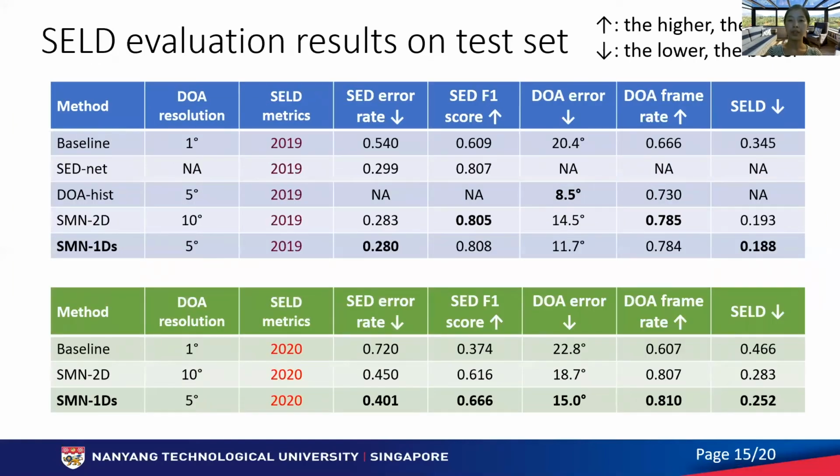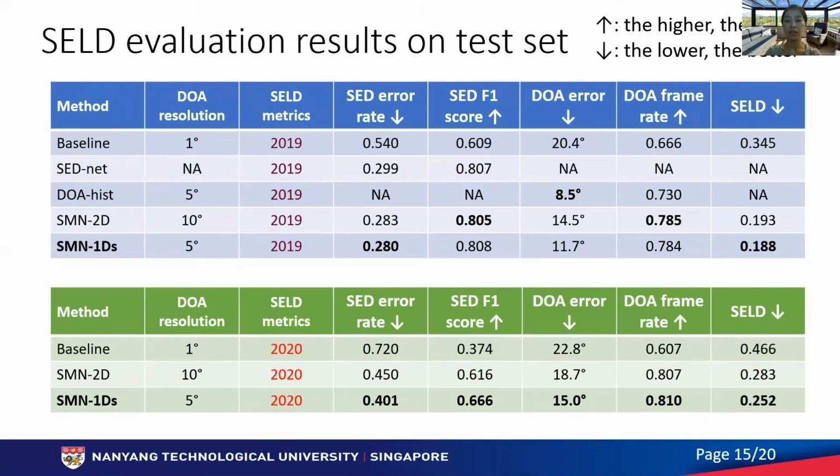The experimental results are shown on the screen. We can see that both the SMN models outperform the baseline model by a large margin. The proposed SMN1D significantly improved the DOA error compared to the SMN2D.